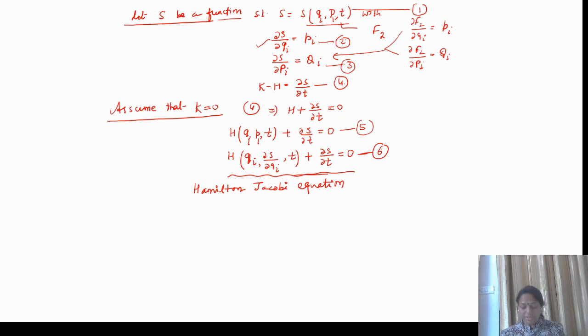That simply means that if in this equation 4 you take K as 0, you replace small p in terms of the generating function S, then whatever equation you get is called the Hamilton-Jacobi equation.